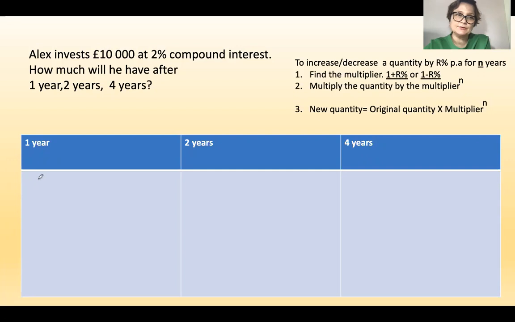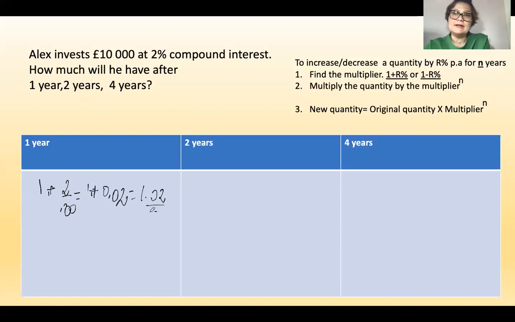So the multiplier is going to be 1 plus 2%. If you convert the percent to a decimal, it's going to be 1 plus 0.02, which equals 1.02. So this is the multiplier.